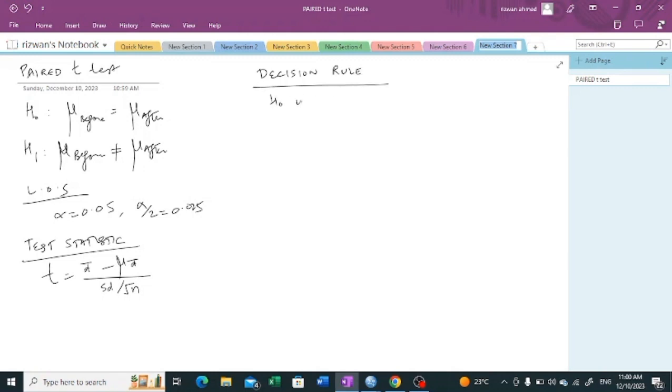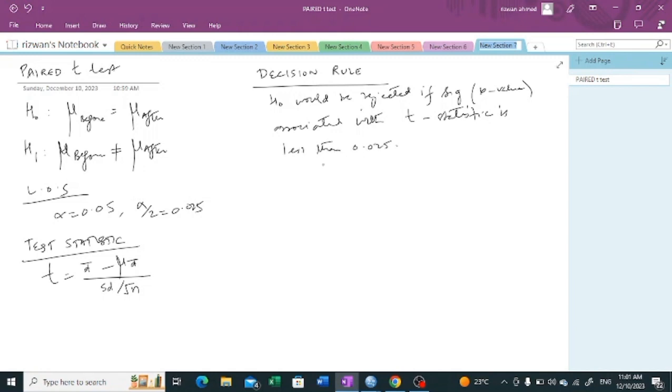H naught would be rejected if significance or p-value associated with t statistic is less than 0.025.